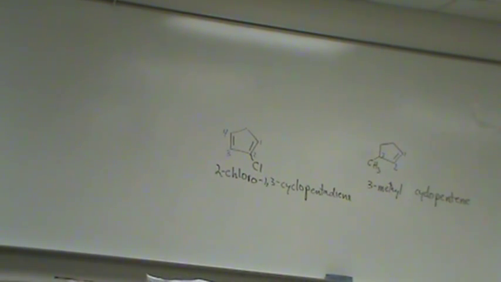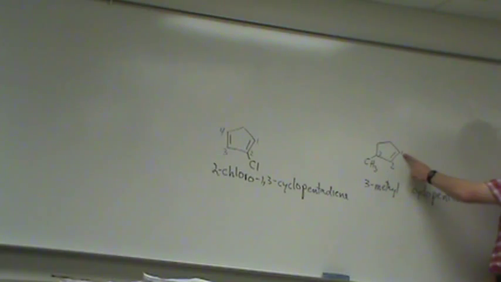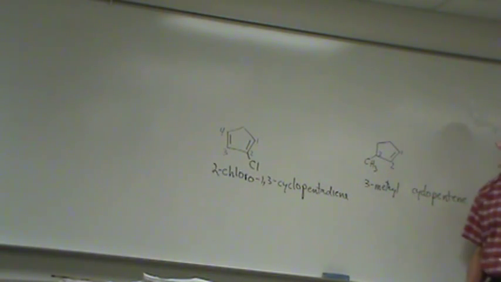Because the double bond carries priority. It is automatically number 1, so there's no need to have a 1 here. If I have 2 double bonds, yes, I need to put the numbers there.